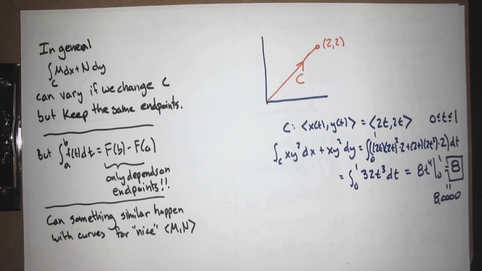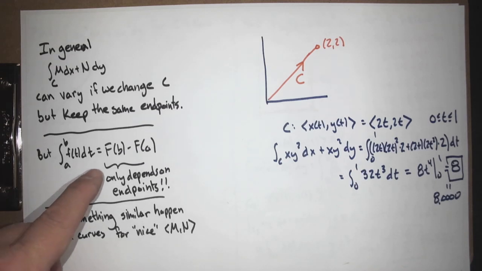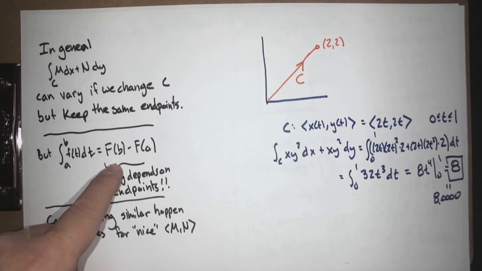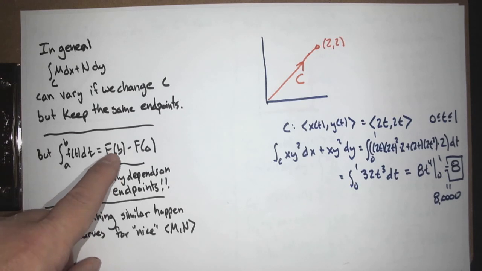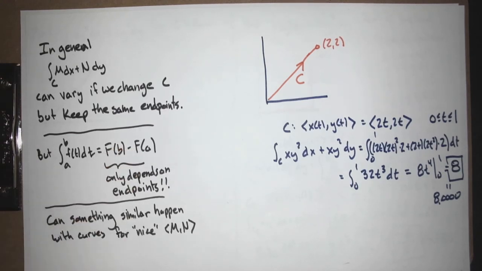But if we go back to Calc 1, we had situations where we wanted to integrate a to b of some function. And we said, if we found the antiderivative, we would just plug in the value at the end, subtract the value at the start. This right-hand side only depends on the endpoints.